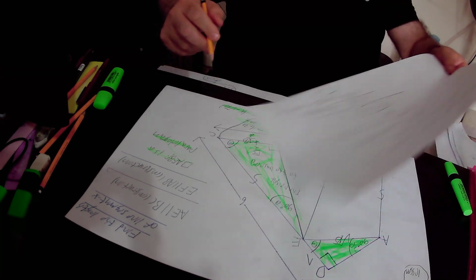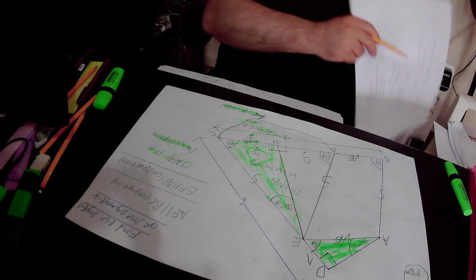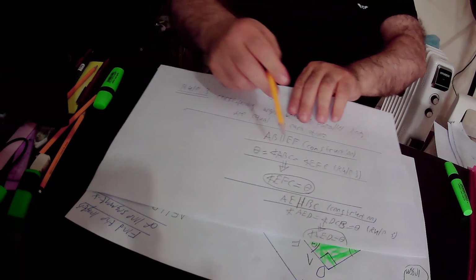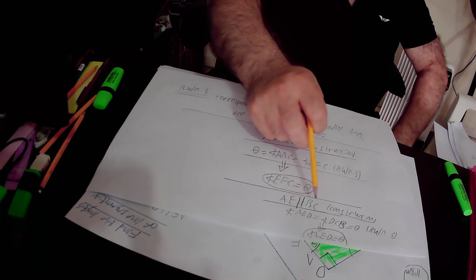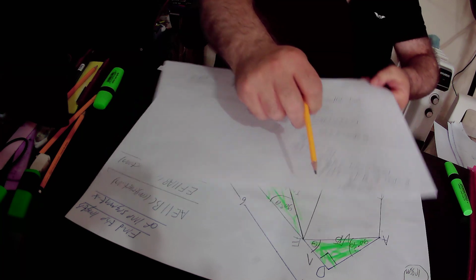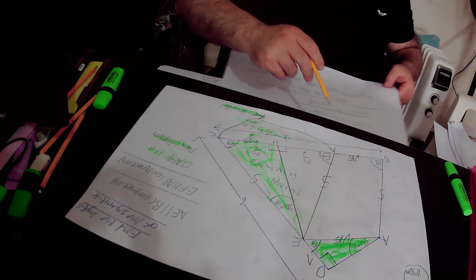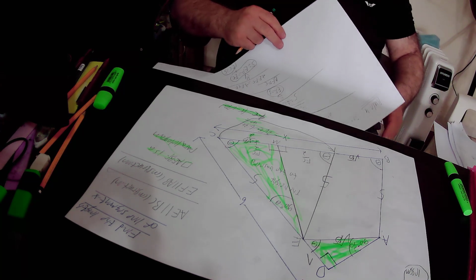But it is given in the question that angle DCB equals theta. So from this equation, angle AED equals angle BCD equals theta, we derive that angle AED, this angle, is also equal to theta. Okay, then I presented to you rule number 4.